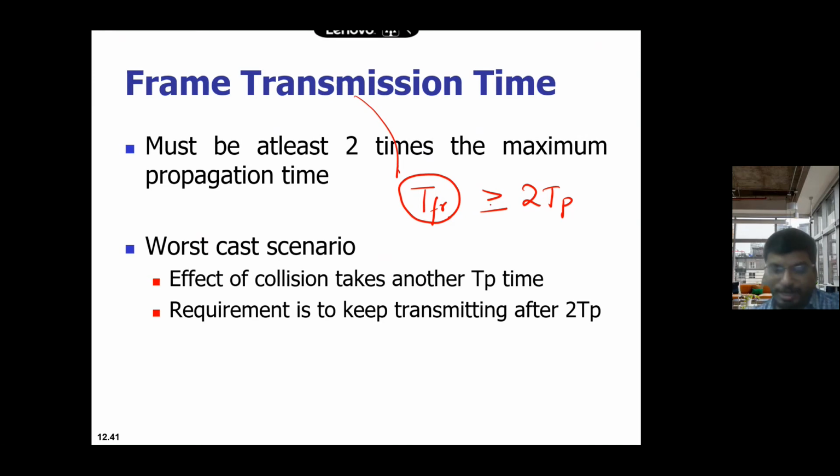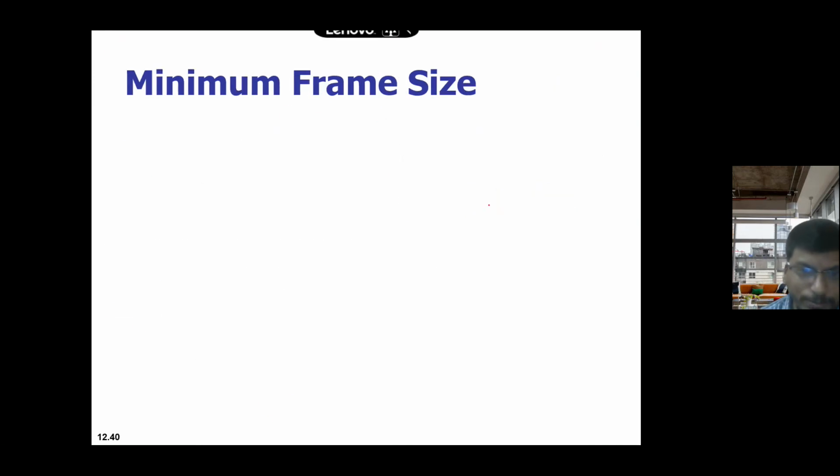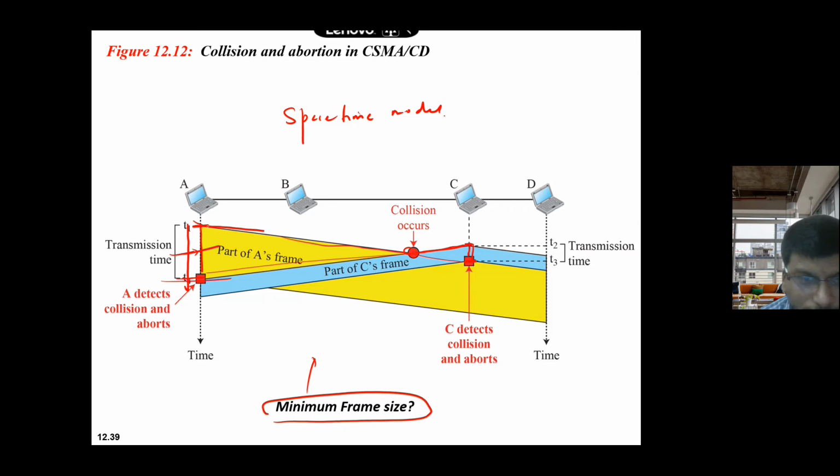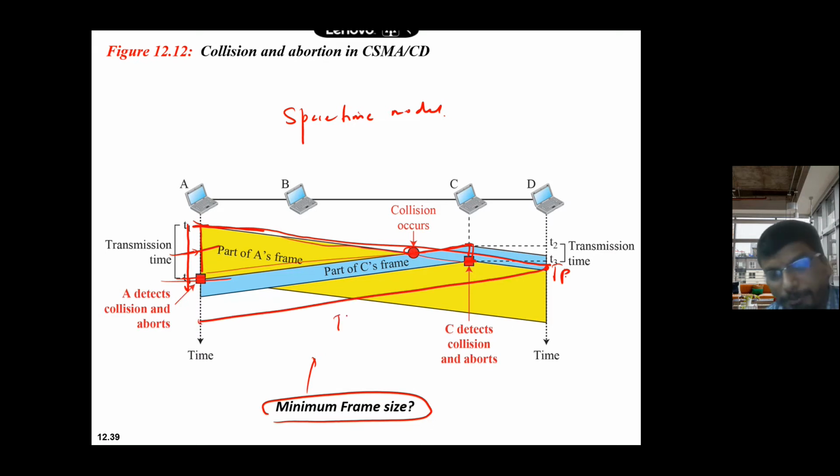Why is that? Let's understand this from the space-time model itself. If you're transmitting the first bit, it has to go and reach the far end, right? It takes TP. Say at this point a collision happens, and that has to propagate and come back. It will take another TP. So TP, 2 TP, the round trip time.